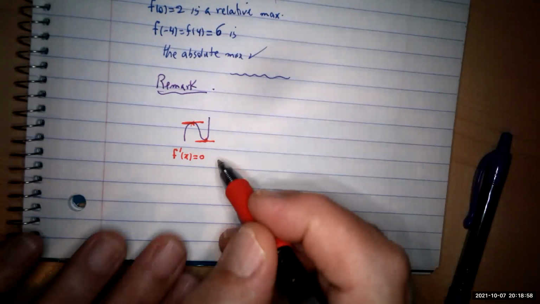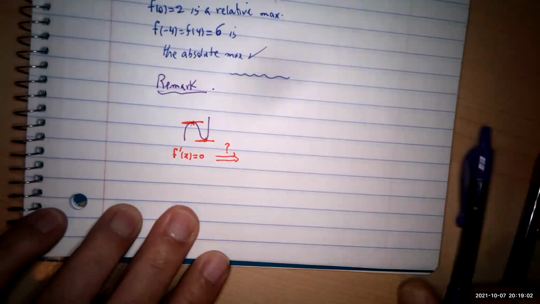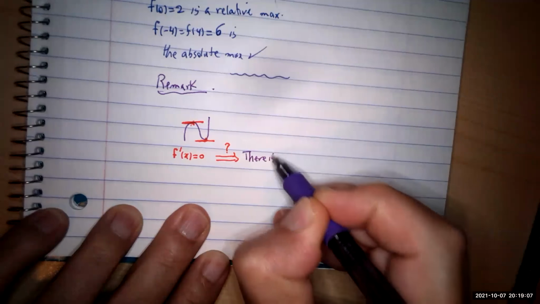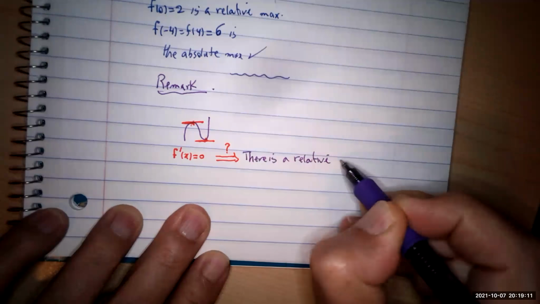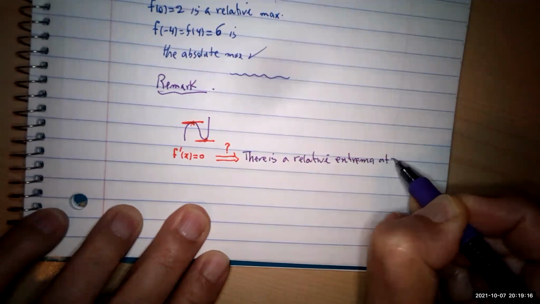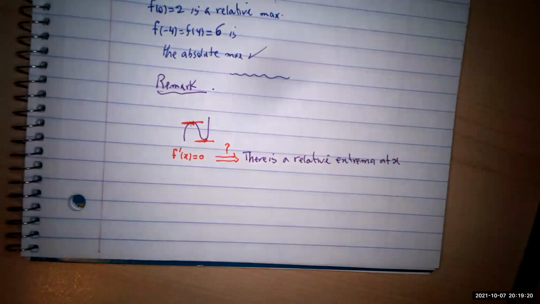If you get this one, there is a possibility that there is a relative extrema at x. This is an option that we will use. So in this problem, f must be differentiable to be able to do it. That's case one.